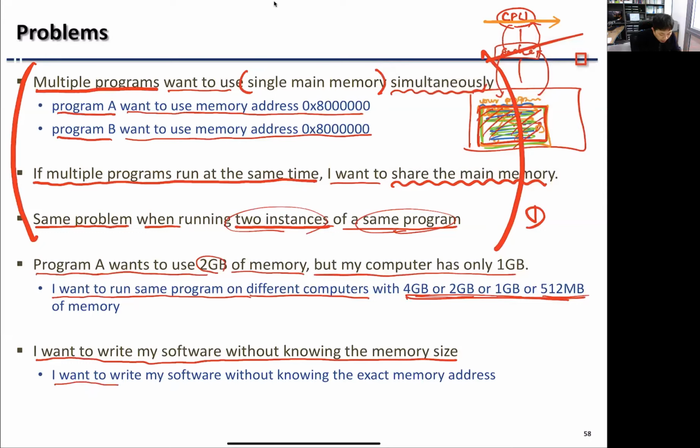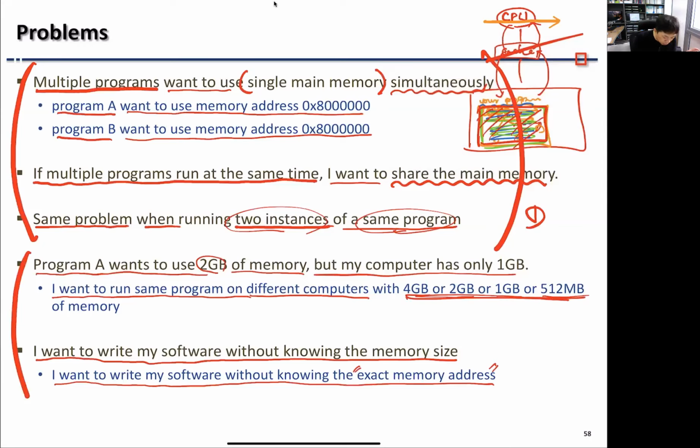I also want to write my software without knowing the exact memory address. When I write my code, I don't want to worry about memory address 0x8008FF. I don't write that. We just use pointers, references, and variables. We don't really write the memory address directly. We never do that.